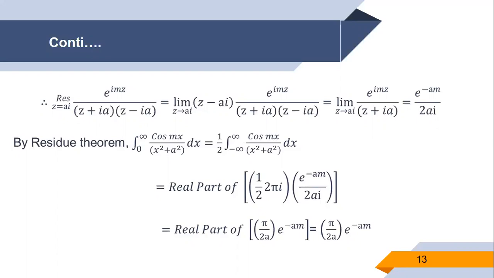Third, the limit is also minus infinity to infinity, but the function is multiplied with cos mx or sin mx. So we replace with e^(imz), and if it is cos mx, then the real part is the solution; if it is sin mx, then we use the imaginary part of the solution.